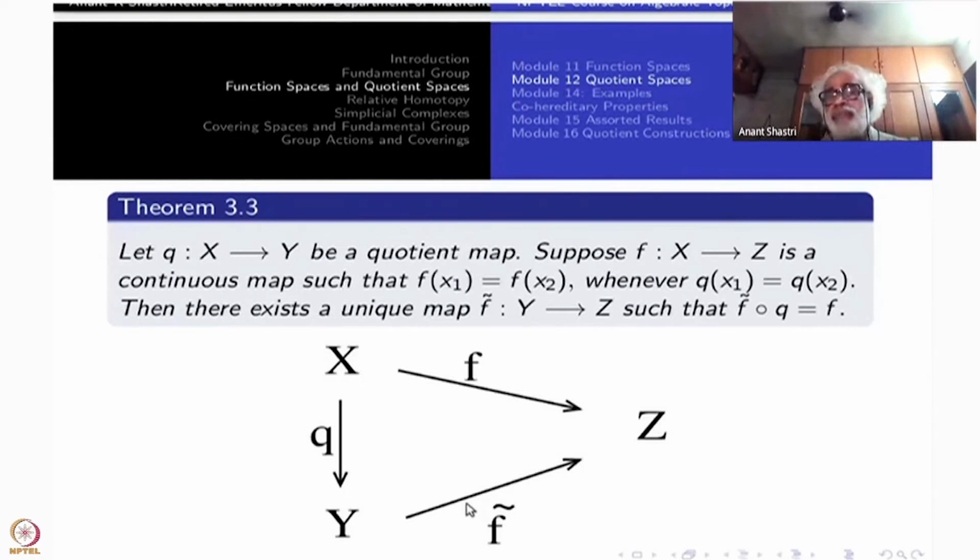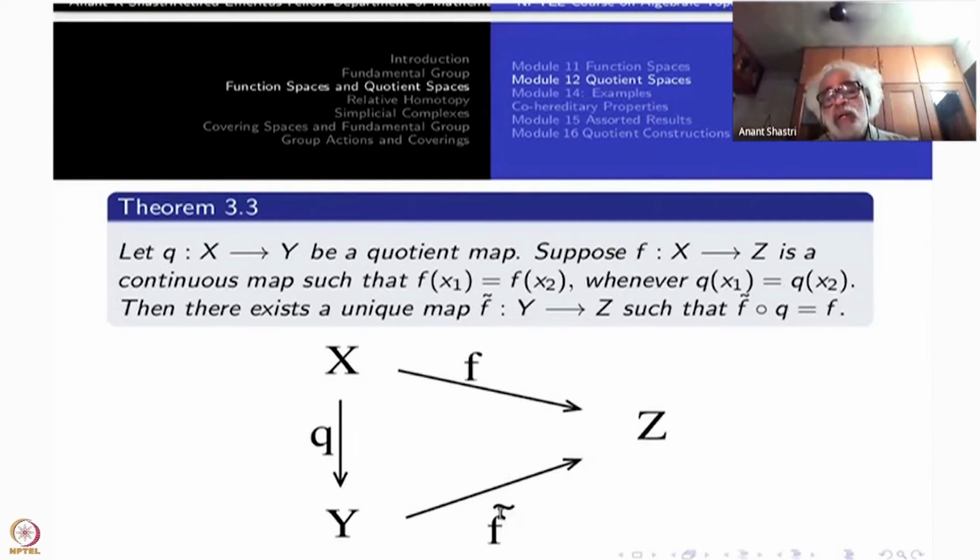This is a set theoretic fact. But what this theorem says is that this F twiddle is automatically continuous. There is a unique continuous map. No matter what F is, what Z is, once they satisfy the set theoretic property correctly to get a function like this, continuity of F will imply continuity of F twiddle.